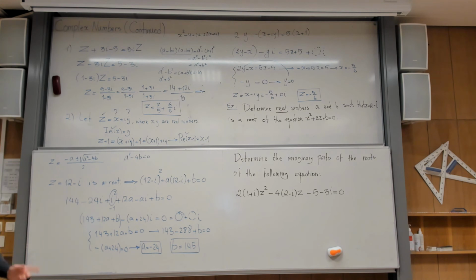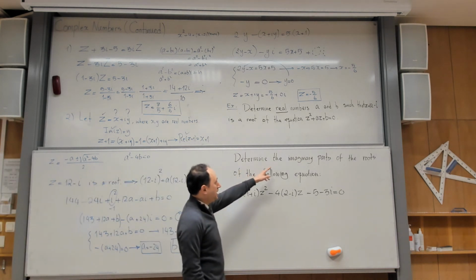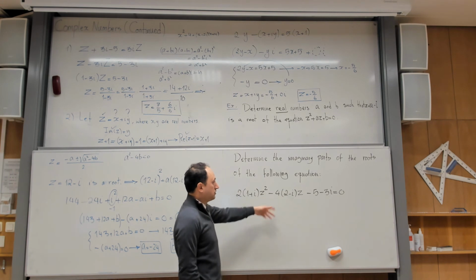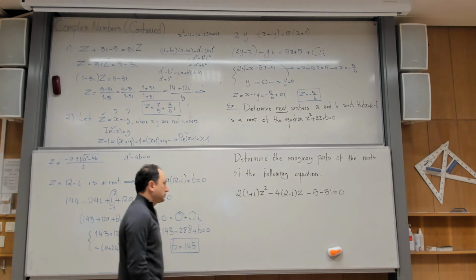Okay, so let us solve this together, okay? So how do you look at the problem? So what is your starting point to solve this problem? Still, z is missing, and I am supposed to find the imaginary parts of the roots. First, I need to find the roots to be able to find the imaginary parts of the roots.